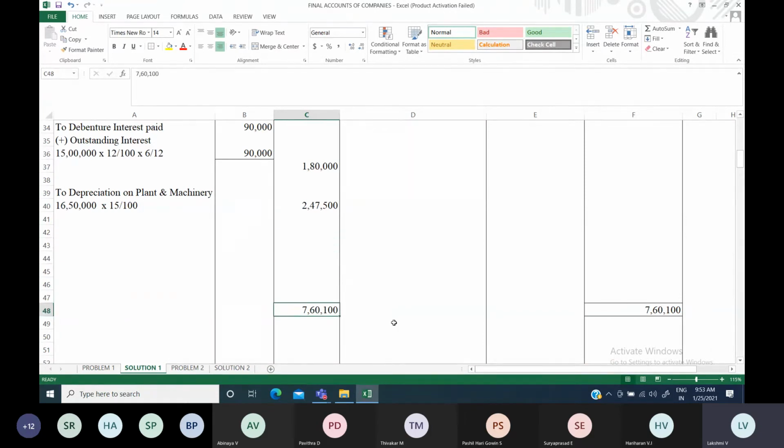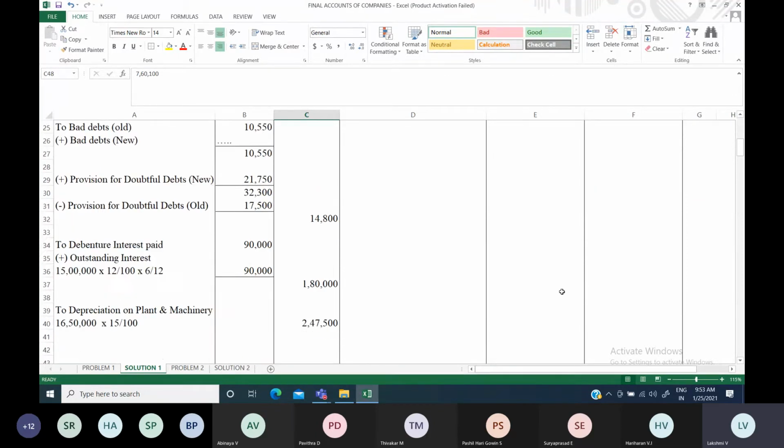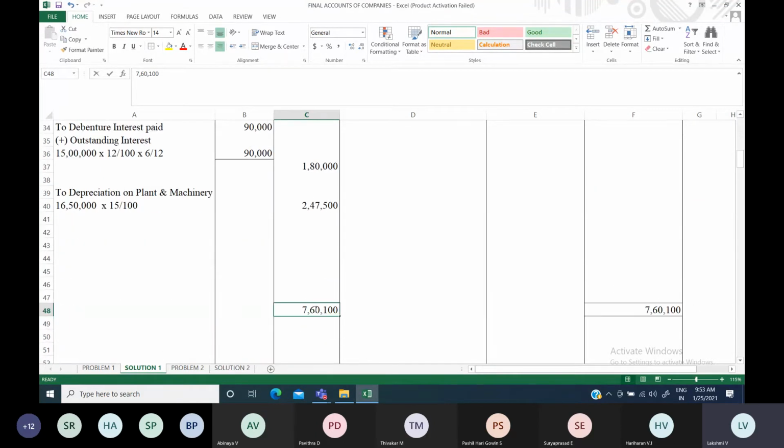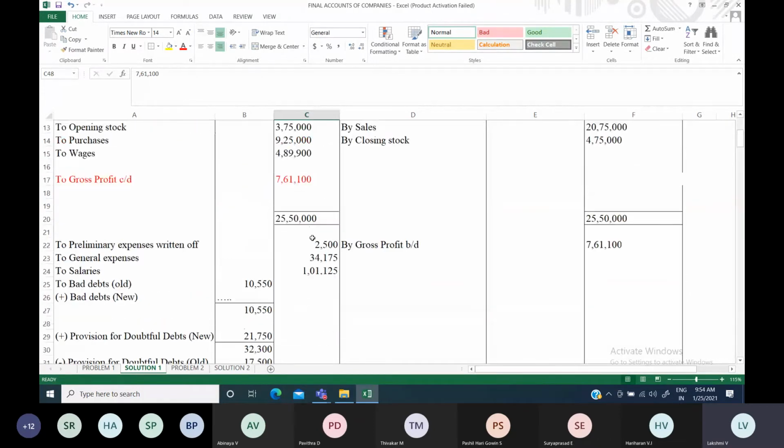Now 7,61,000 is the highest amount, so you mention that amount here, and you have to subtract each and everything.